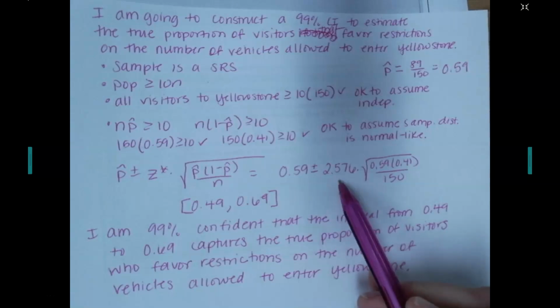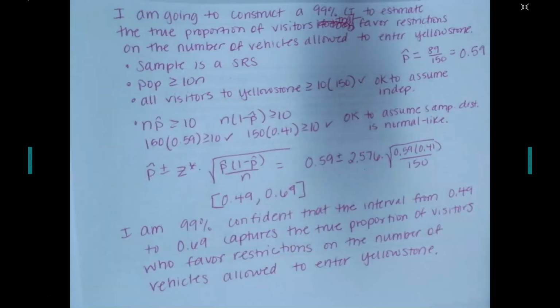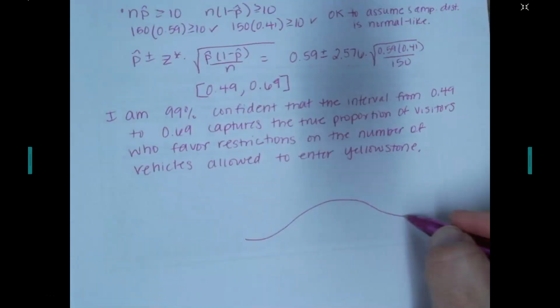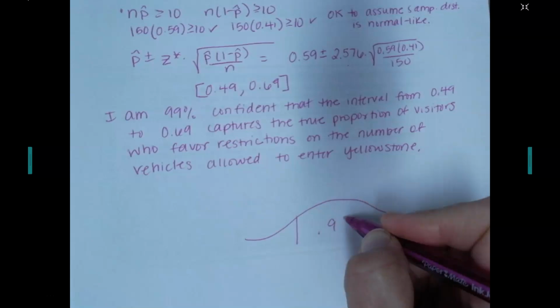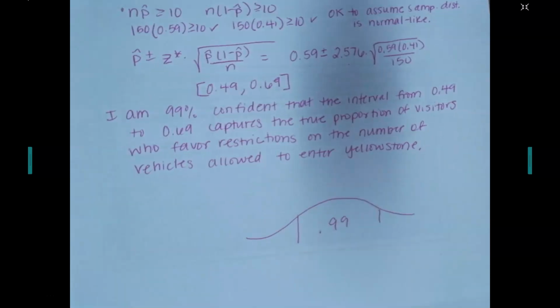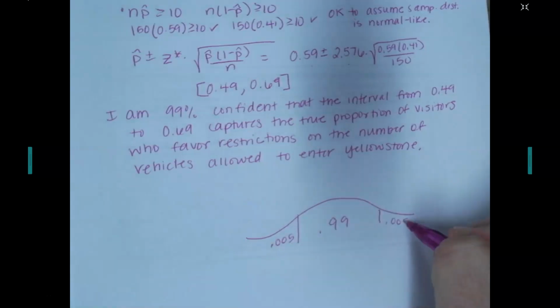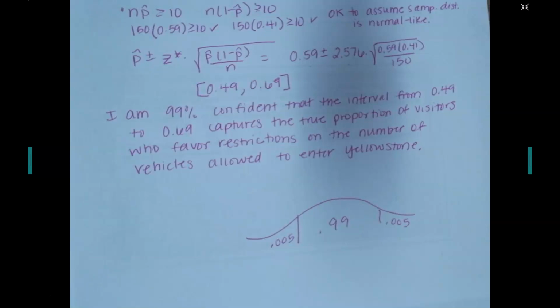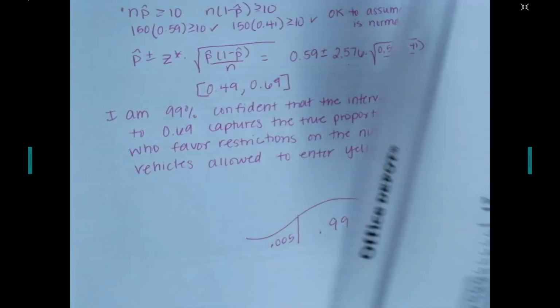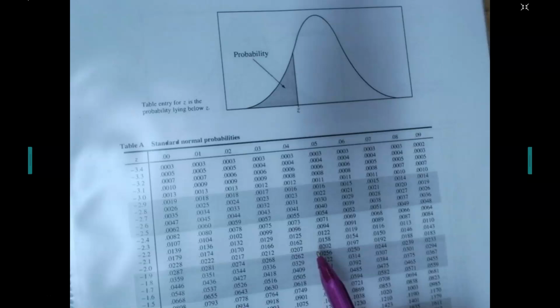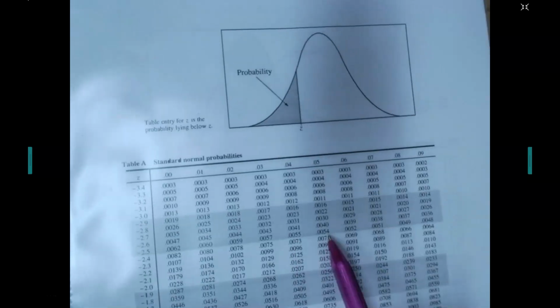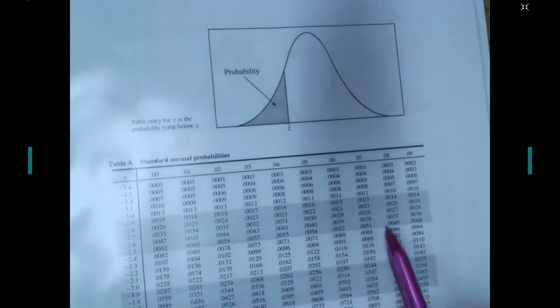Z star. All right, we've got a couple of different ways we can find this. Remember, if I'm looking at a 99% confidence interval, I'm looking at the middle 99%, right? That means there's 1% that's split between these two tails. So it's 0.5% here and 0.5% here. So I can do a couple of different things. I can go to my Z table and find 0.005, which looks like it's between these two.